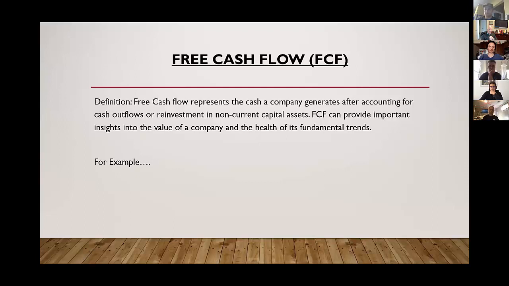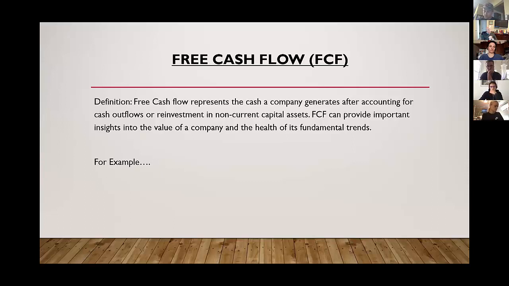There are probably other ways, as we've covered in our class discussions, to define free cash flow, but this is the one I came up with. I'd love to hear from you guys if there are any others that can help us understand free cash flow.